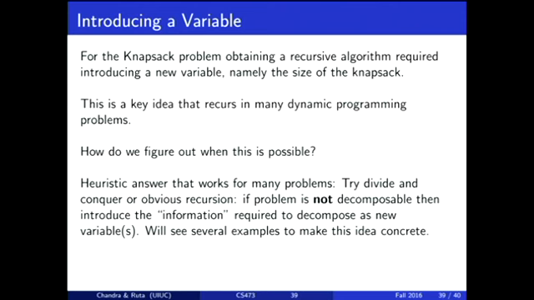Okay? Edit distance and the palindromes don't highlight that aspect, right? But knapsack already shows you that you cannot write a recursion unless you introduce this additional variable. Okay? The key is to figure out which variables and why and when you can actually introduce these variables to create a decomposition. Okay?